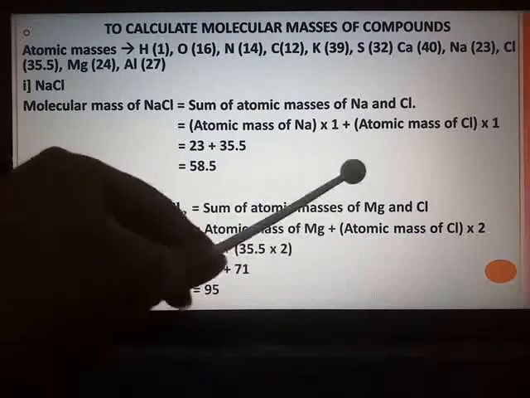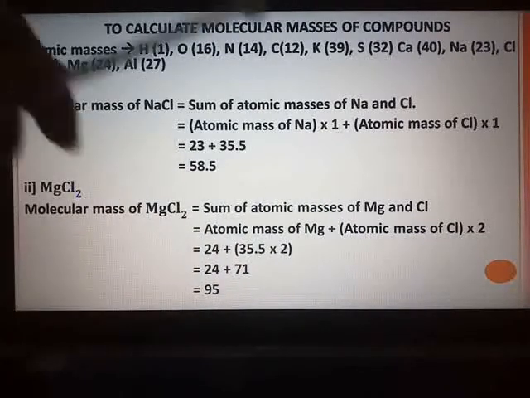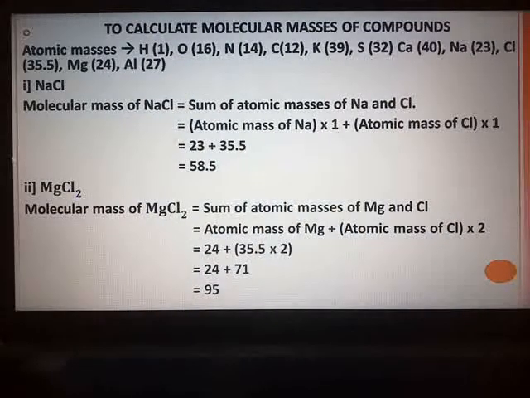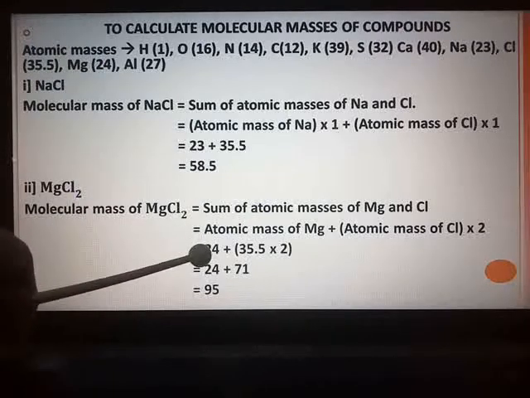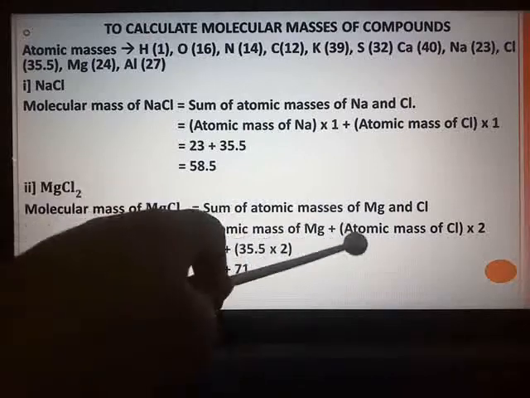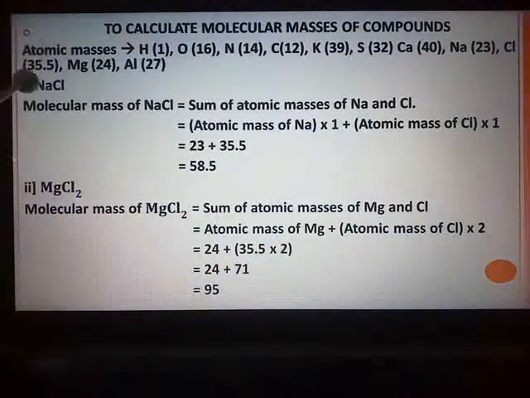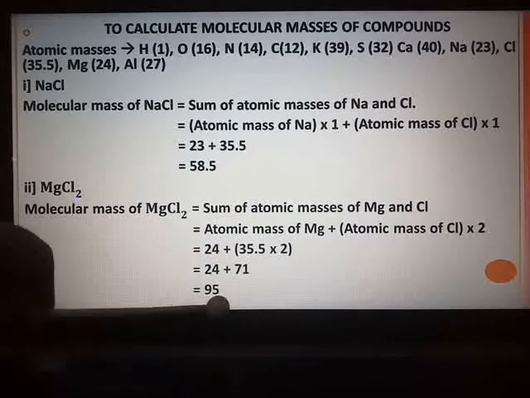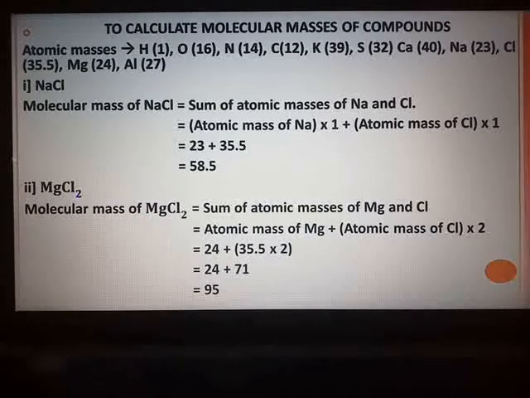Atomic mass of Mg multiplied by 1, plus atomic mass of chlorine, here it is multiplied by 2. Substitute the values. Atomic mass of magnesium is 24. So 24 multiplied by 1 is 24 plus chlorine is 2, so 35.5 multiplied by 2. Add the values. You will get the answer as 95. This way we had seen n number of compounds last time.